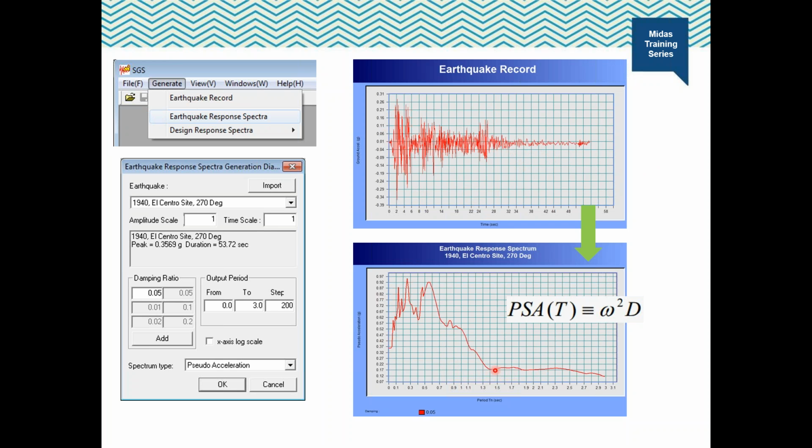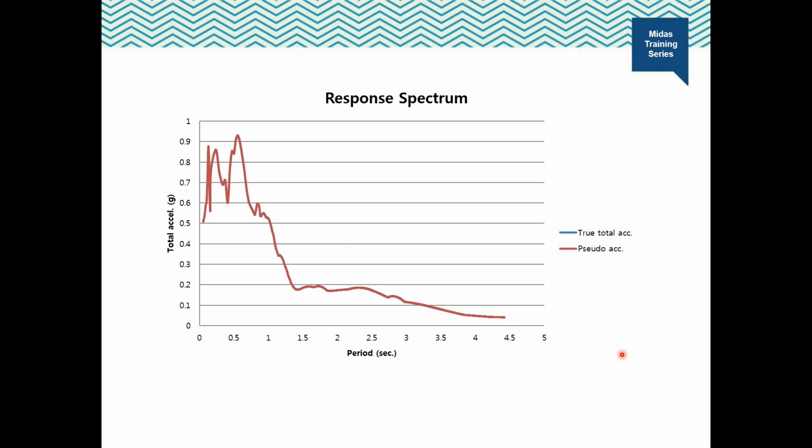The response spectrum obtained from time history analysis in the previous slide is called true acceleration response spectrum. The pseudo acceleration response spectrum is almost the same as true acceleration response spectrum.